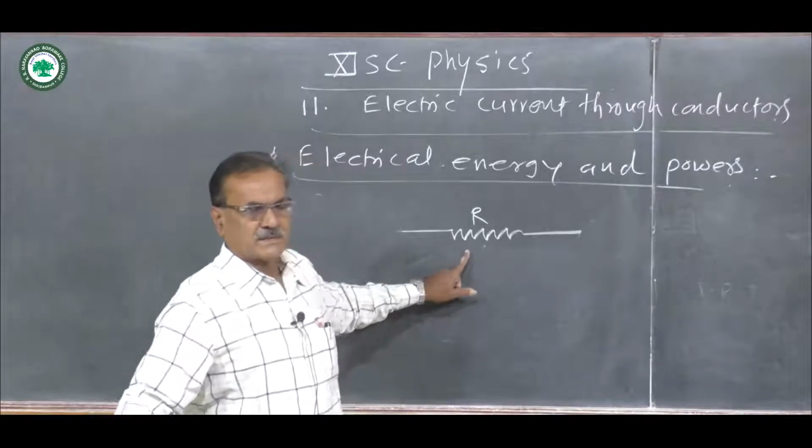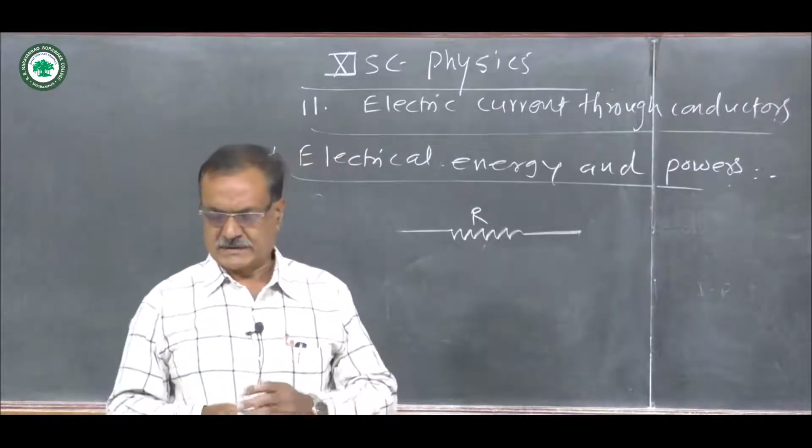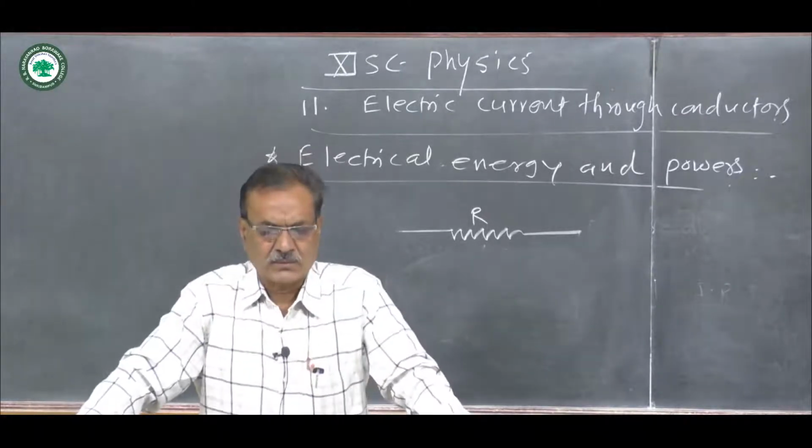The resistor's symbol is like this. Resistance is measured in the SI unit ohm.